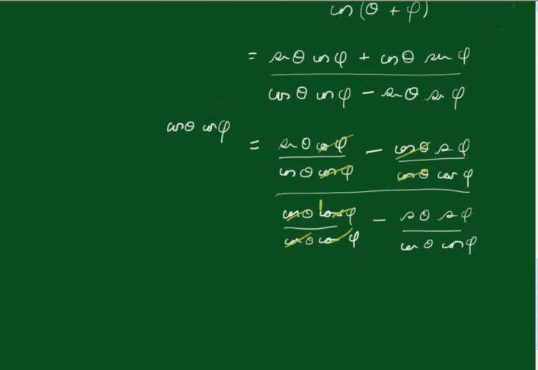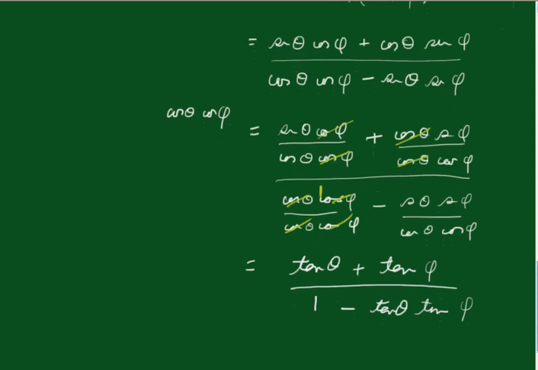So we write that down now as equal to the sine of theta over the cos of theta, which is the tan of theta, and the sine of phi over cos of phi is the tan of phi. There should be a plus up there. Tan of phi, all over 1 minus tan theta tan phi.